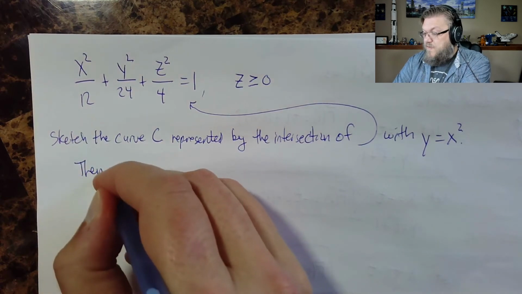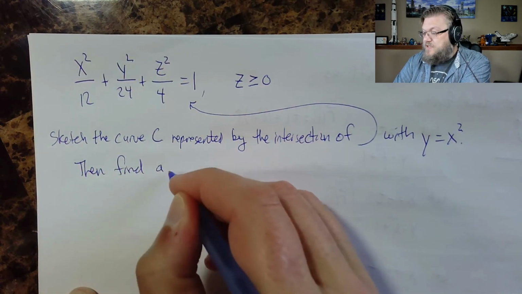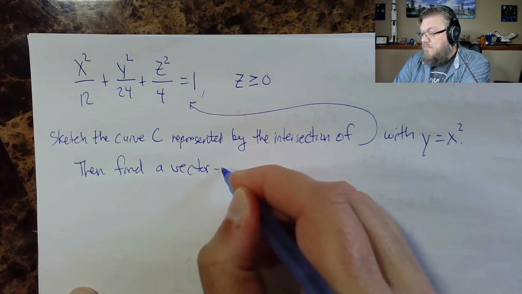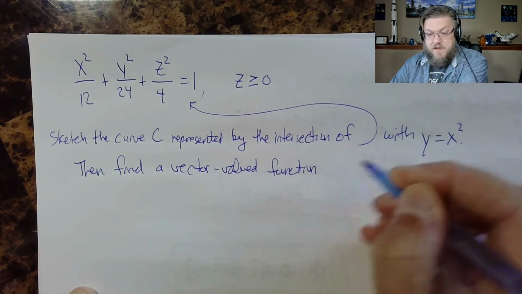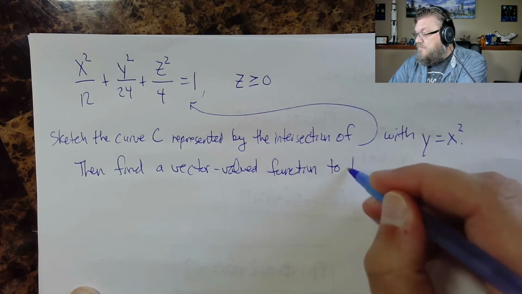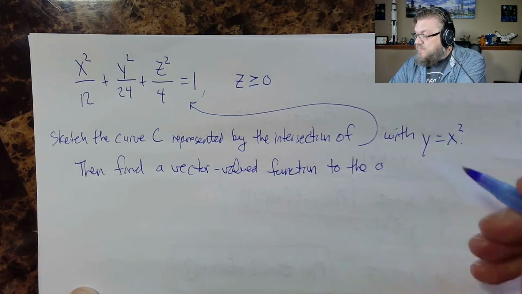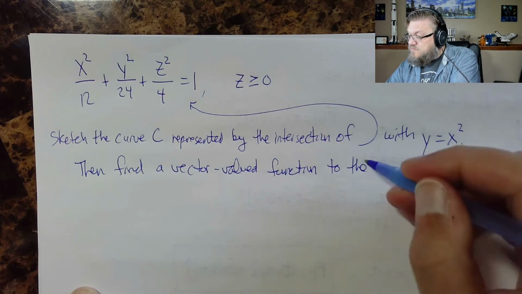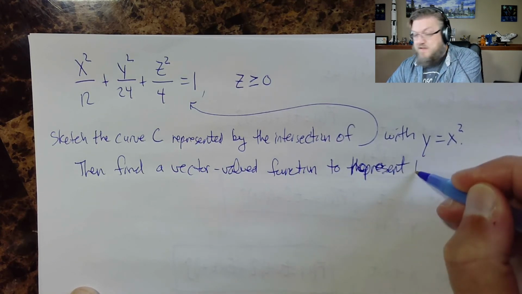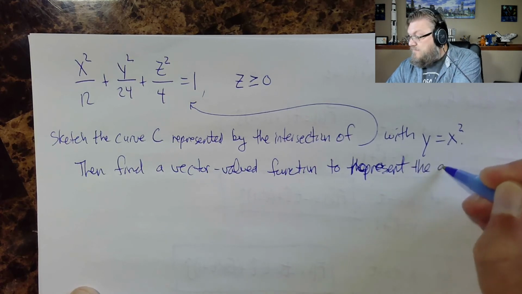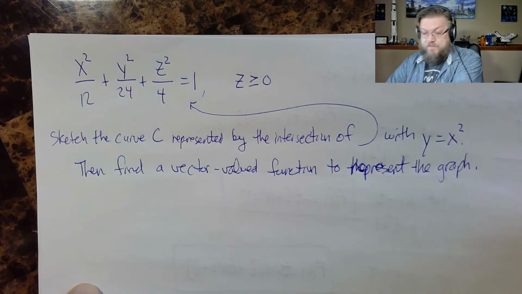Then find a vector valued function to represent the graph. Ooh, okay. To represent the graph.